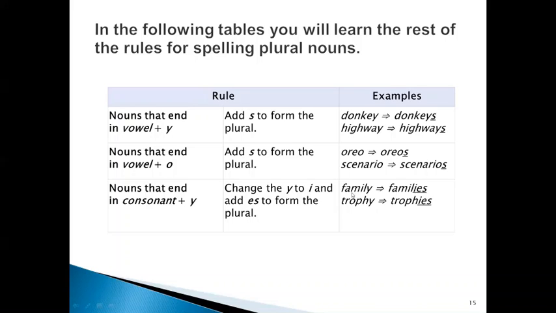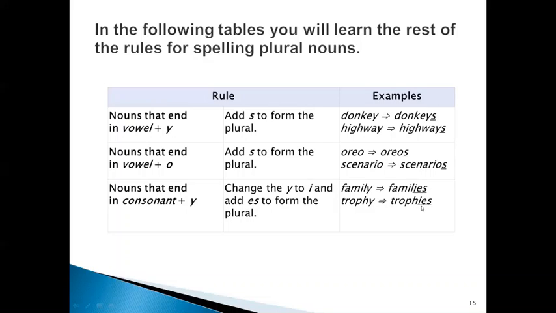So here, for example, family, the final letter is Y. Before Y we have L, and L is a consonant, not a vowel. So family as a singular, one family, two families as plural. Trophy, singular, trophies, which is more than one.